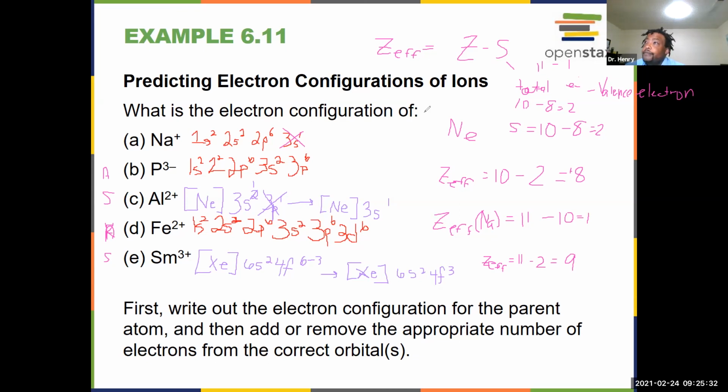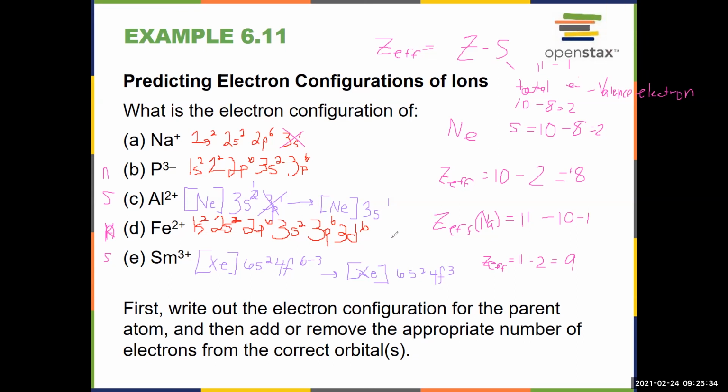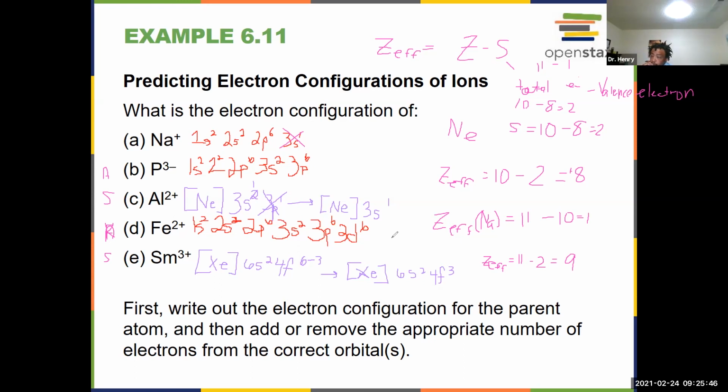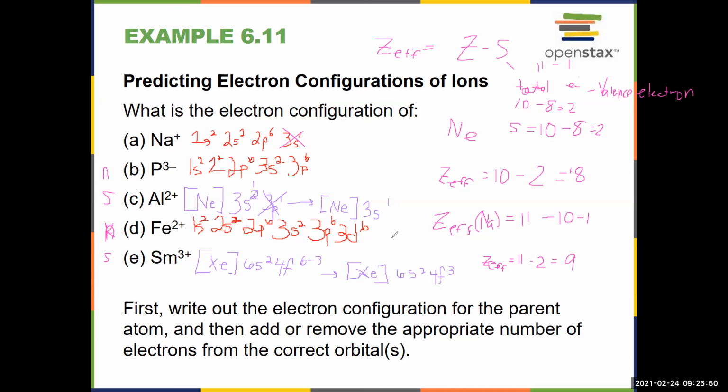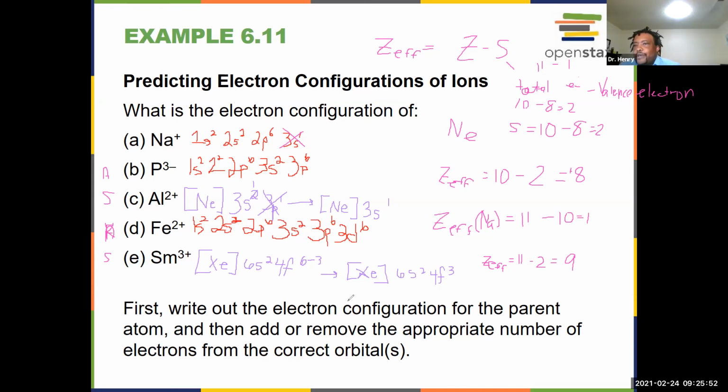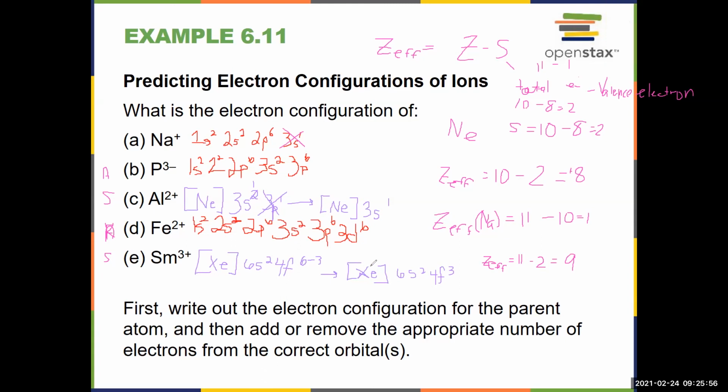Okay. Wait, Dr. Henry? Yep. I need a refresh on something. For the ions, like Sm, for instance, you're taking the electrons, you start with the highest level, so like the 6s, not the 4f. Yep. Oh, that is correct. You made a mistake there. It should be 4.